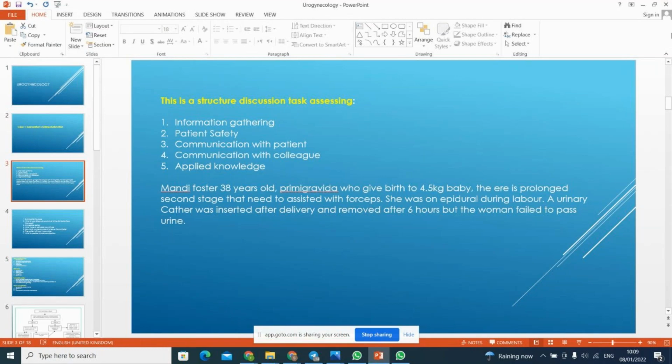Then I would examine the patient in the presence of a chaperone. I would do a head-to-toe examination. First, a general examination to rule out any pallor. Maybe she had a concealed bleed, maybe a vulval hematoma. So I want to rule that out.